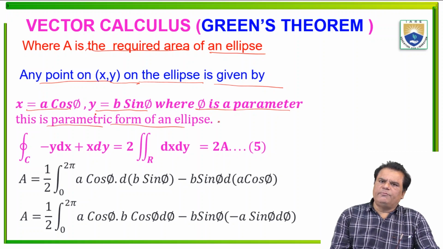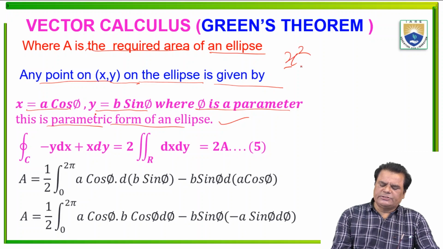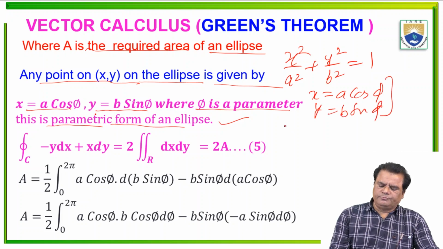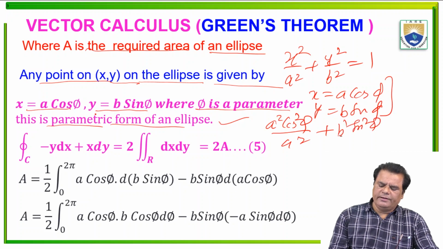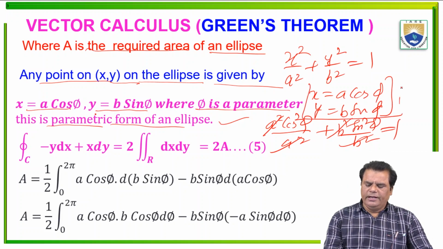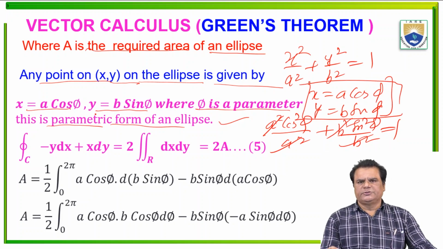This is the parametric form of an ellipse, because the equation of the ellipse is x squared upon a squared plus y squared upon b squared equals 1. Substituting, a squared cos squared phi upon a squared plus b squared sin squared phi upon b squared cancels to give 1. So these are the parametric form of any ellipse.